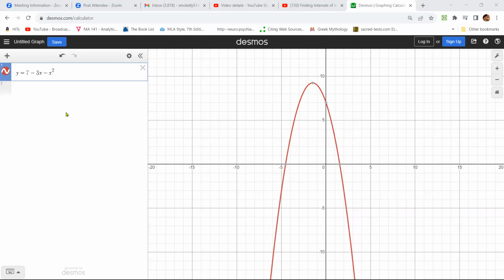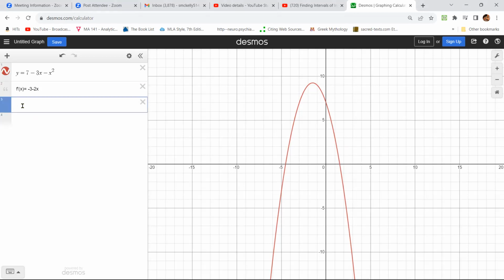Now from what we did earlier, we know that f prime of x from what we just did is equal to -3 minus 2x. That's what we just figured out with the difference quotient.